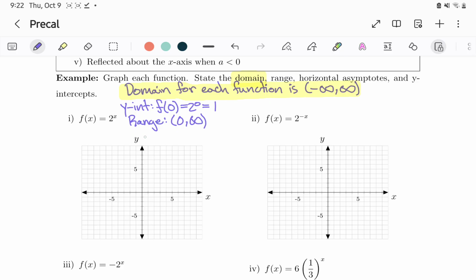And then for horizontal asymptote, for any exponential function, unless there is some sort of vertical shift or vertical translation going on, every exponential function is otherwise going to have y equals 0, or in other words, the x-axis as its horizontal asymptote. I'm going to abbreviate horizontal asymptote just by HA.